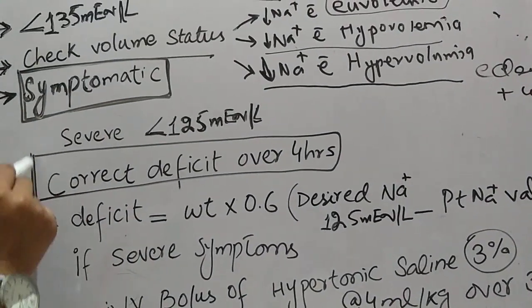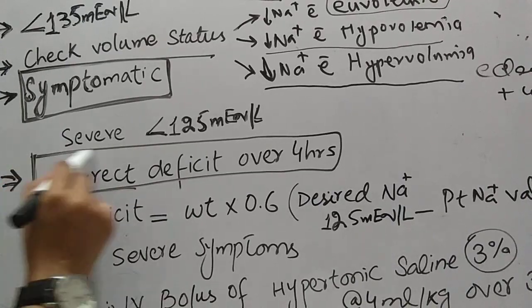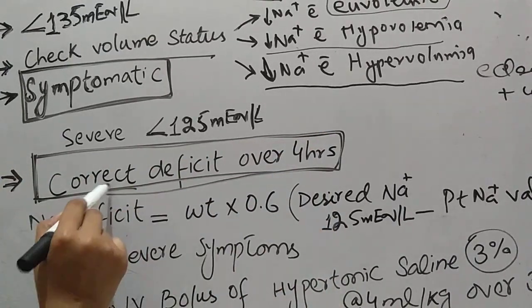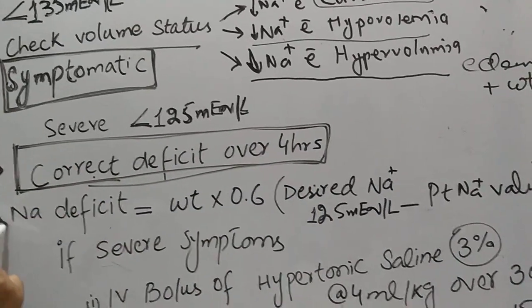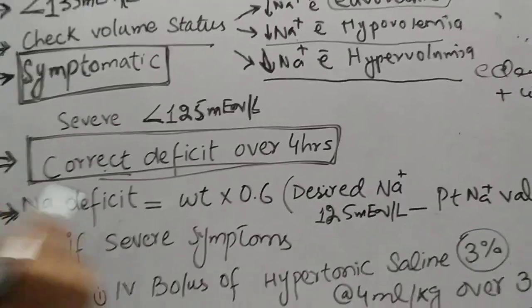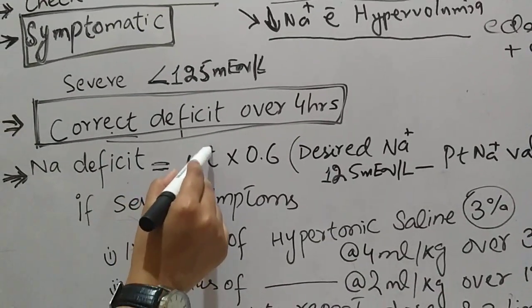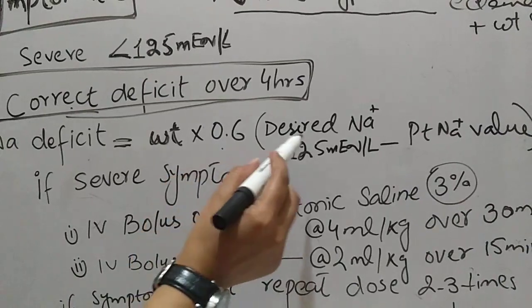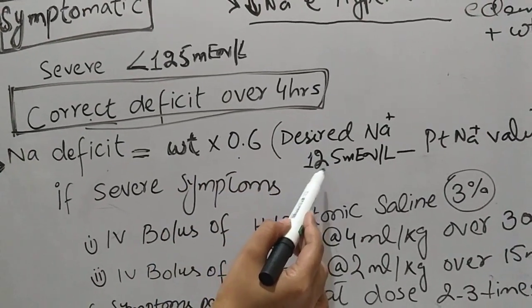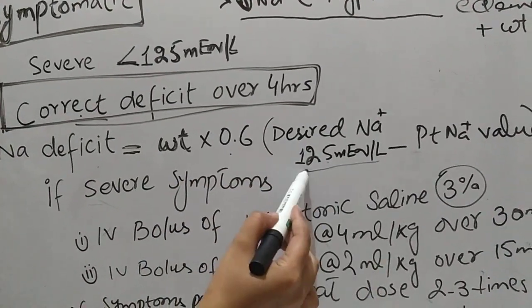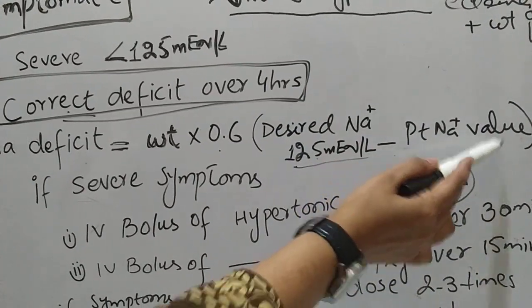So we will start the sodium deficit correction over 4 hours. Sodium deficit correction formula is weight multiplied by 0.6 multiplied by desired sodium value, that is 125 milliequivalents per liter, minus patient sodium value.